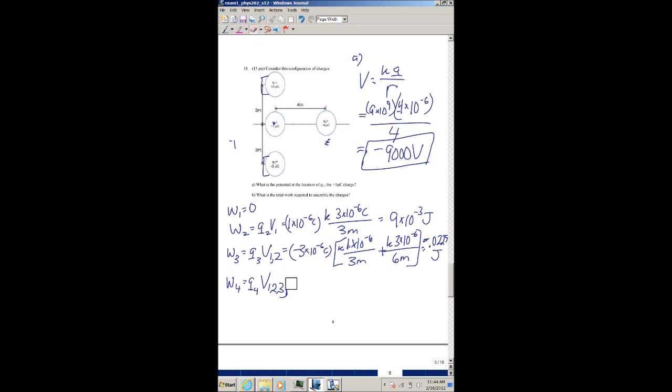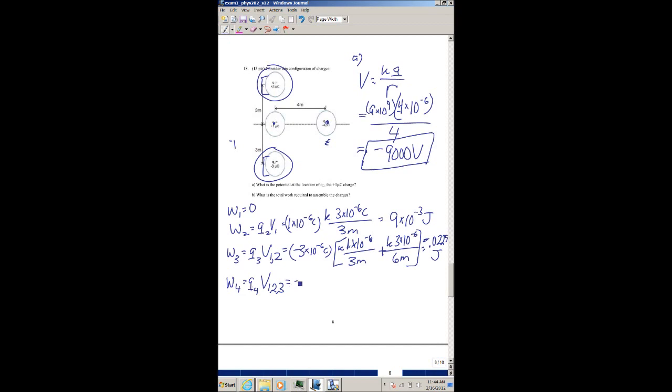And then finally, work 4 is Q4 times the voltage due to particles 1, 2, and 3. But I've already determined that the potential due to particles 1 and 3 cancel out. So I can just consider particle 2, because the voltage due to particle 3 and particle 1 at this position cancel out, so they just go away.